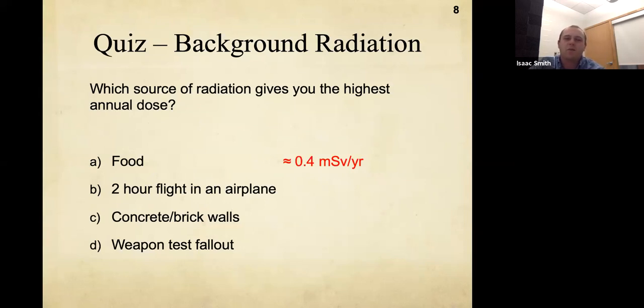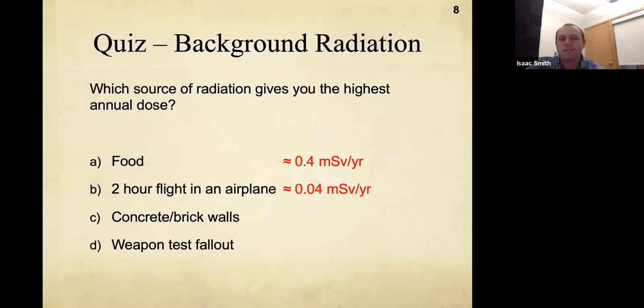And that's 0.4 millisieverts per year, okay? These units may not have much importance to you. Later we'll talk about how many sieverts we are okay to receive per year. And then it gives you a better idea of what this really means. But 0.4 millisieverts per year.